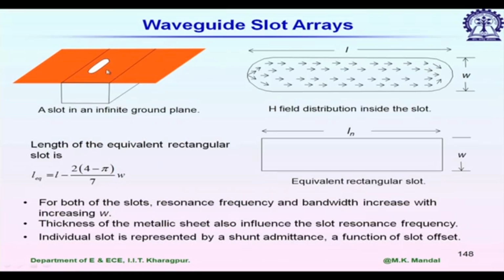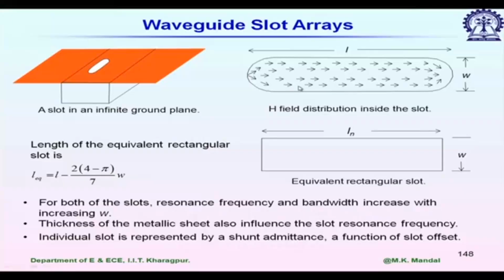So, in practice, if I fabricate it at millimeter wave frequencies, for 90 gigahertz application or even more than that, then we will have a rounded structure, and if you plot the current density, it will have a different distribution. But we have a thumb rule for that.